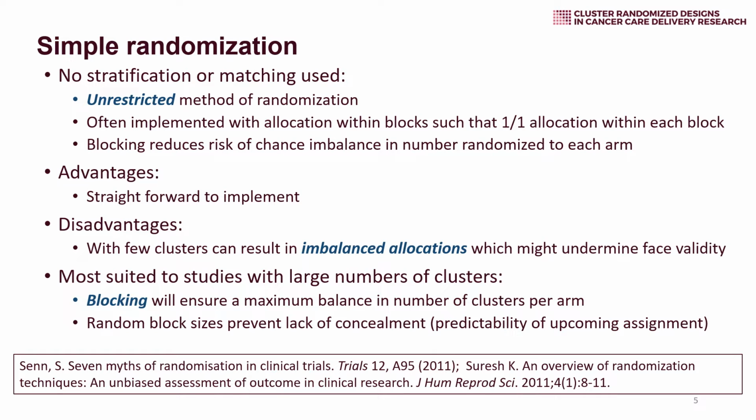Blocking will help ensure that there's a maximum balance in the number of clusters in each of the different arms, and random block sizes will prevent lack of allocation concealment. So this means predictability of the upcoming assignment. And in a few slides, we're going to talk more about the predictability and the importance of concealing that predictability.